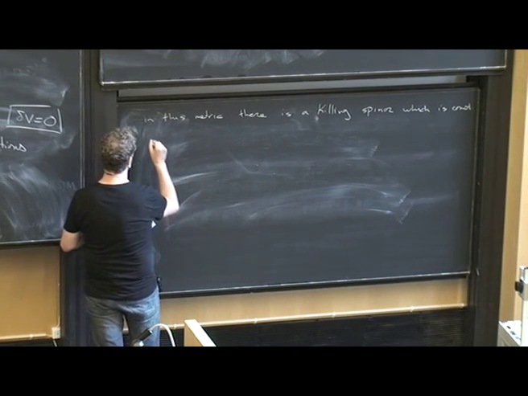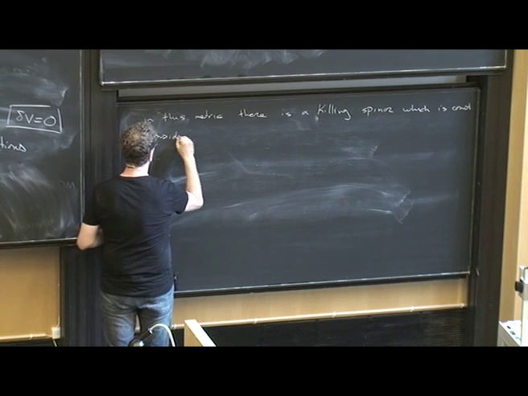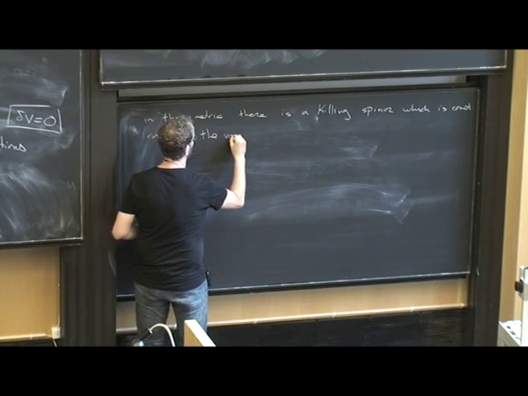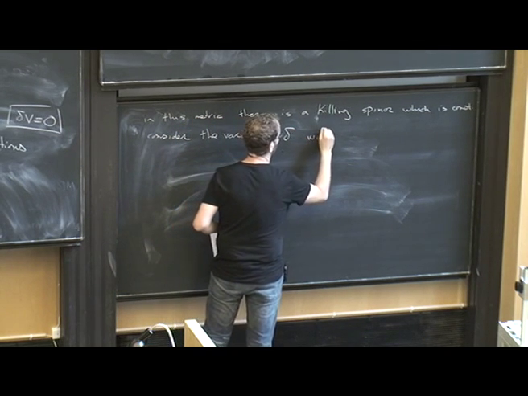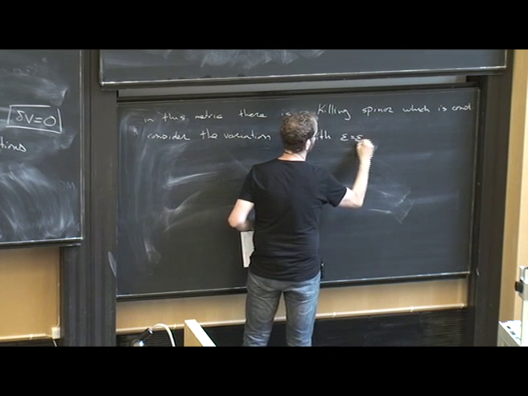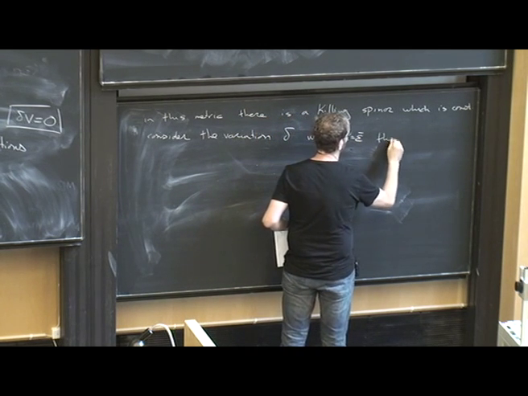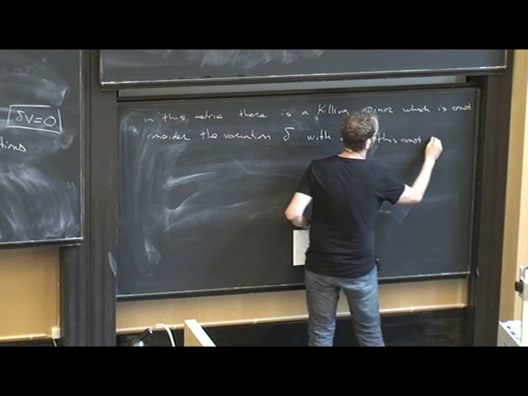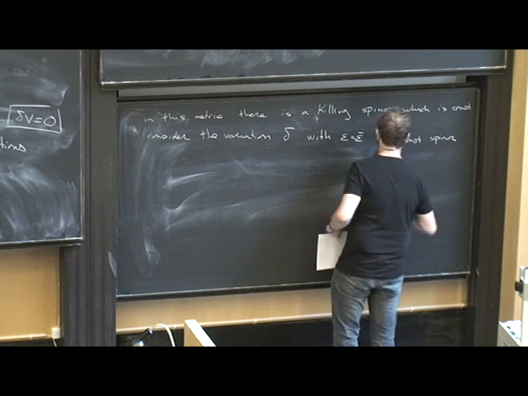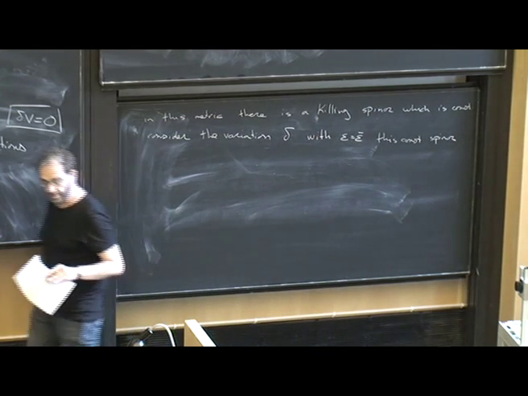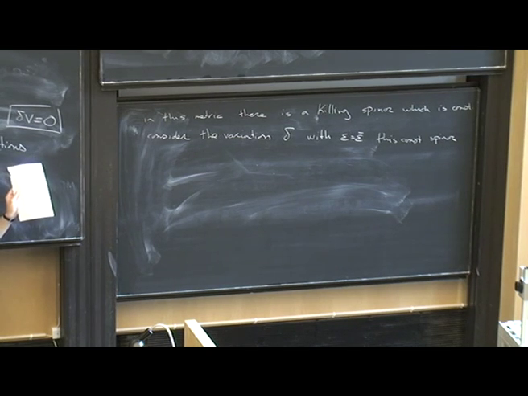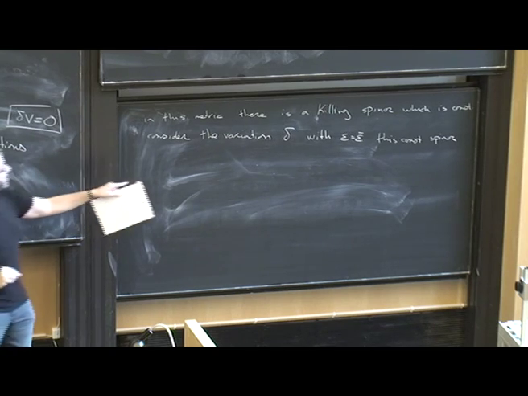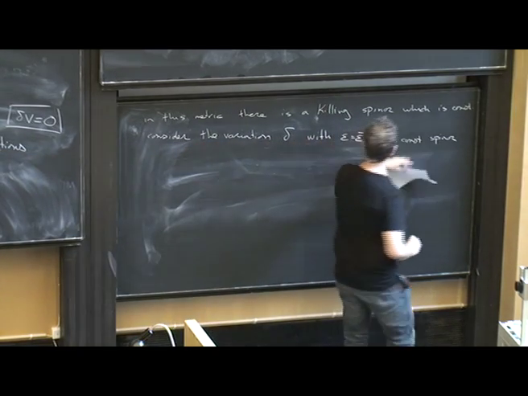So what I will do is I will consider the variation delta with epsilon equals epsilon bar is constant spinor. As I said, this is where the notation is always confusing, because I will use the same epsilon and epsilon bar as I had before for a generic killing spinor, but from now on I mean this particular killing spinor.